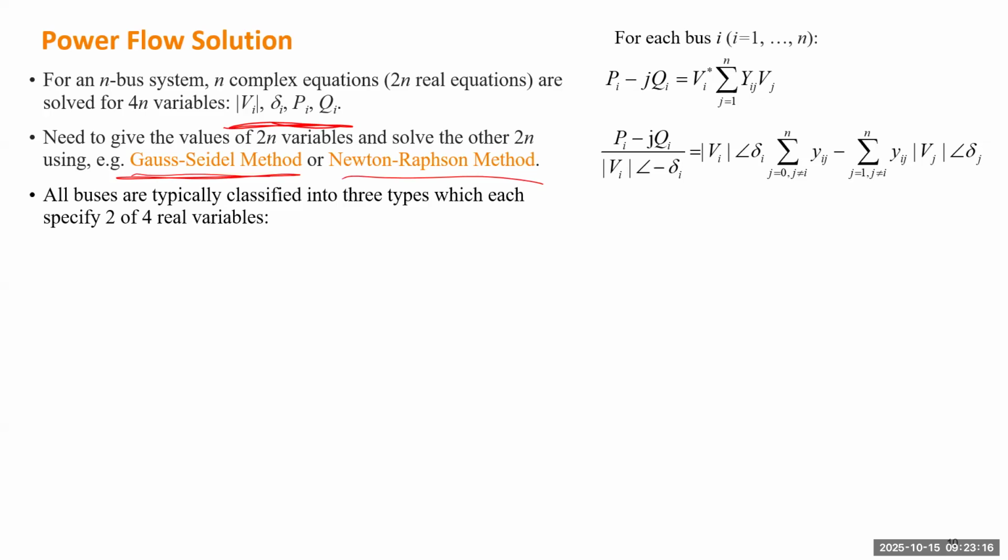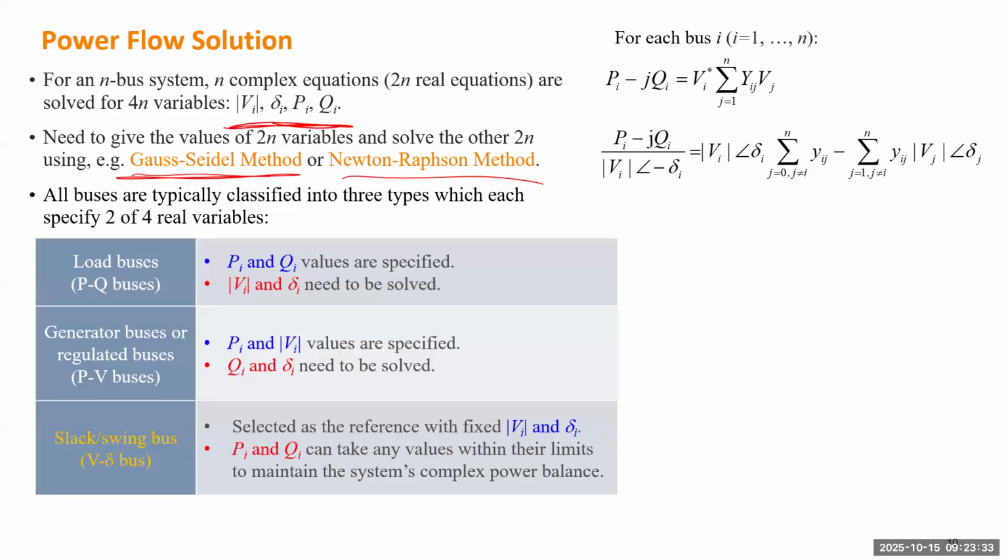As we mentioned, we need to know 2 of the 4 values at each bus. So depending on which 2 are known among the 4, there are multiple combinations. There are 3 very classical combinations which are utilized by most of the methods. So the first class, we define load buses.